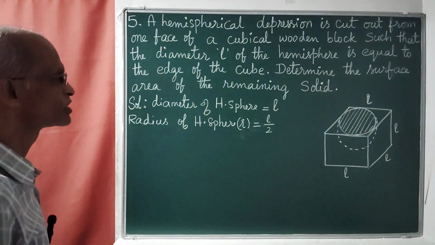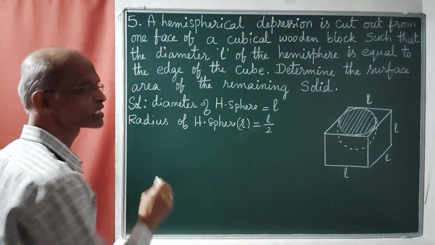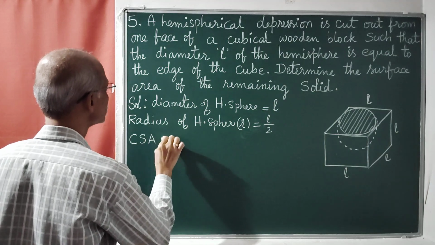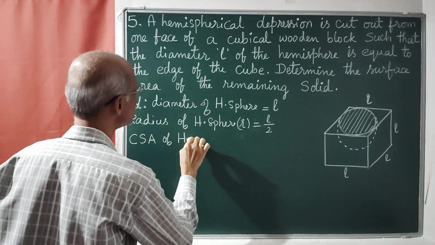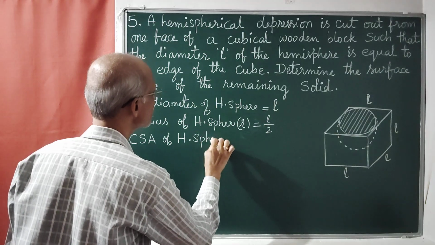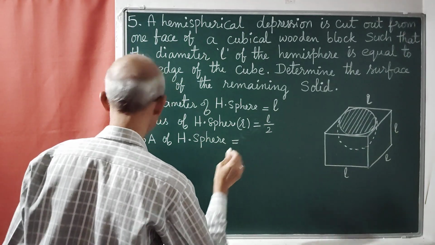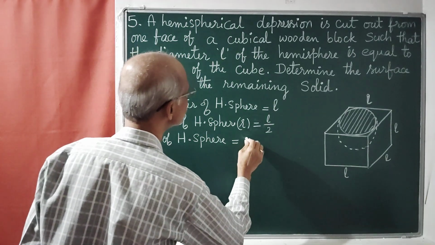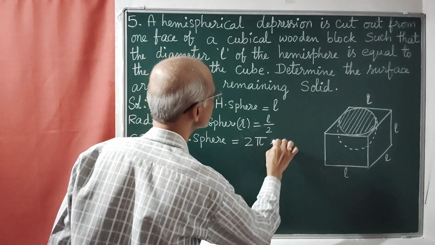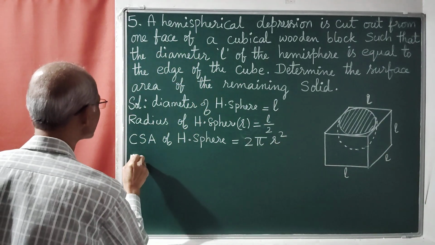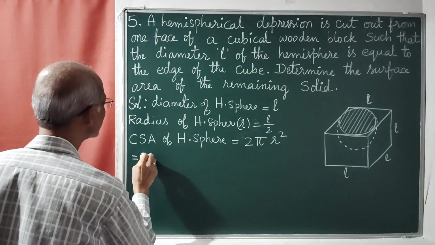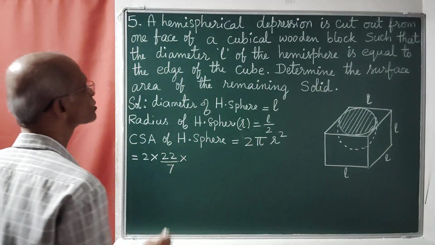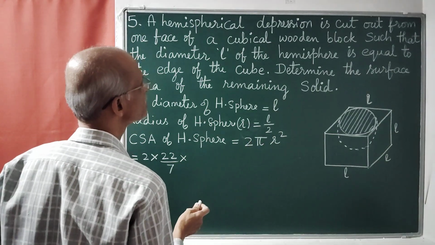Now we will find the CSA of the hemisphere, that is, the curved surface area of the hemisphere. CSA of hemisphere equals 2 pi r square. That's equal to 2 into 22 by 7 into r square. What is r? r is L by 2.